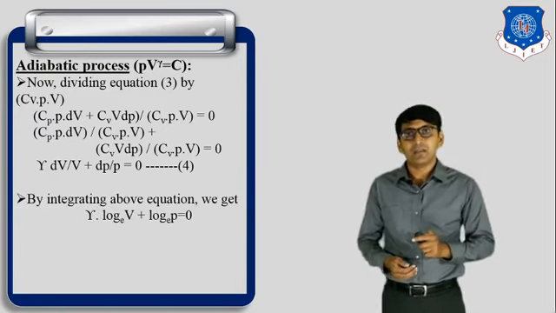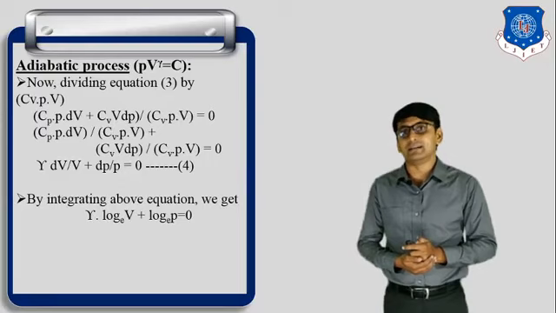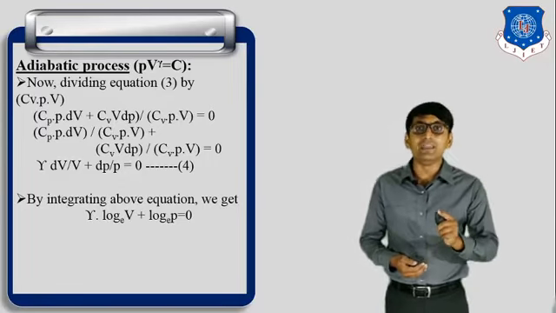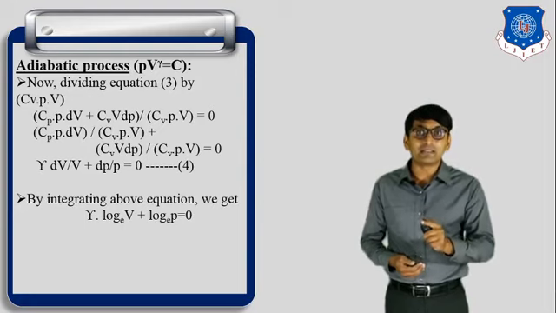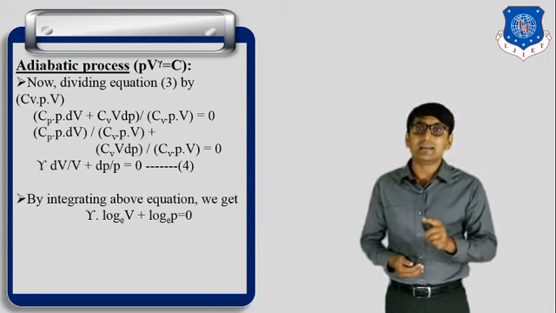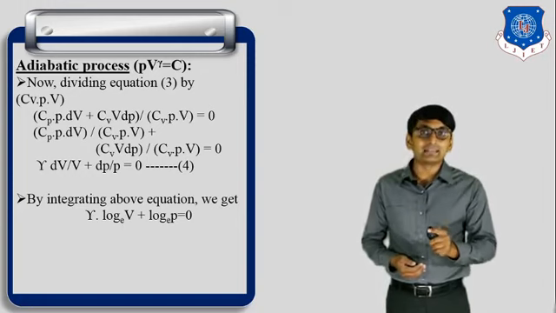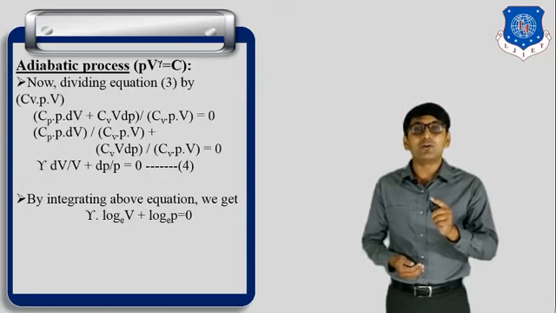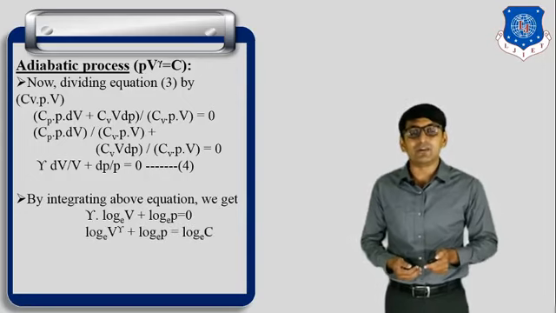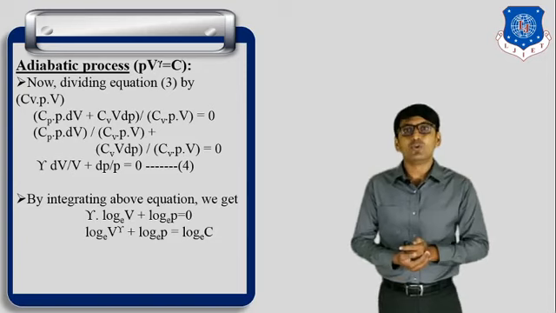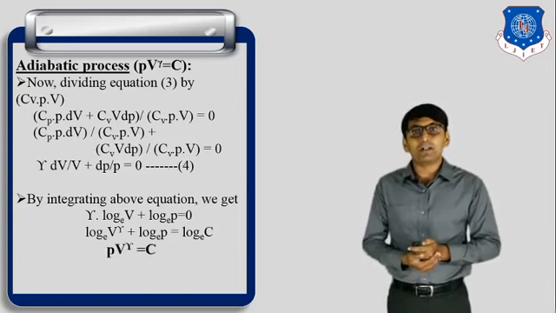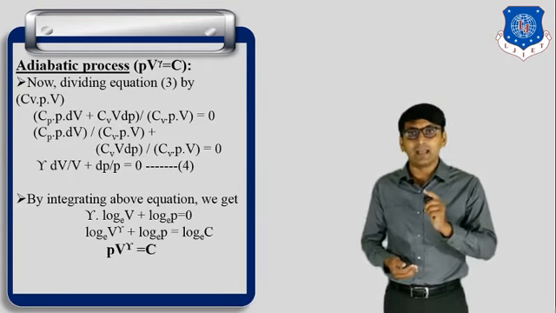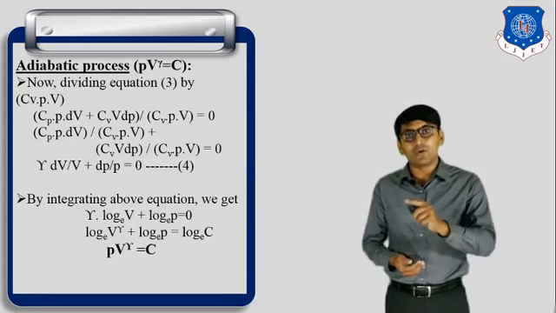Now the last step. By integrating the above equation, we get gamma log V, because the integration of dV by V is log V, plus the integration of dP by P, that is log P, and the integration of 0 is a constant, which is equal to log C. By the property of log, if there is a plus between logs, we have to multiply, and cancel log from both sides.